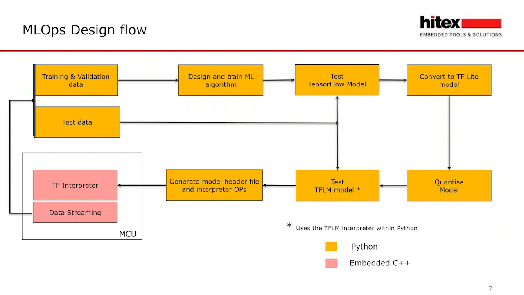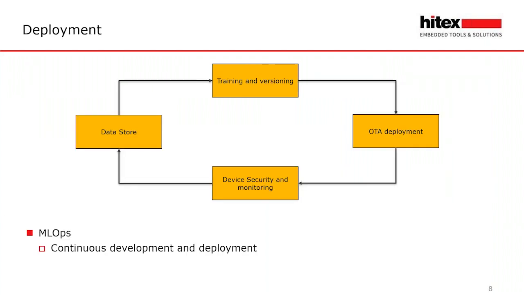Okay, and this is quite an important point, so that we have another loop where we're training, versioning, deploying it over the air, adding it to our device and streaming out more data into a large data store and continually going around this loop until we've trained our algorithm to a very high level of accuracy.